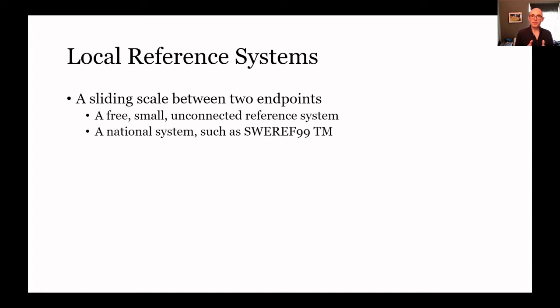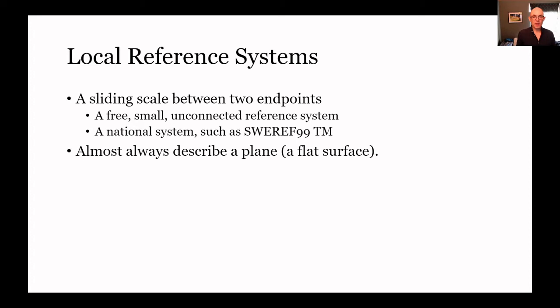Their applicability is limited to a particular area, but we can take that coordinate system and connect it to everything else in the world mathematically with a reasonably simple set of equations that take our position in this local coordinate system and can very rapidly reference us to any other point on the surface of the Earth.